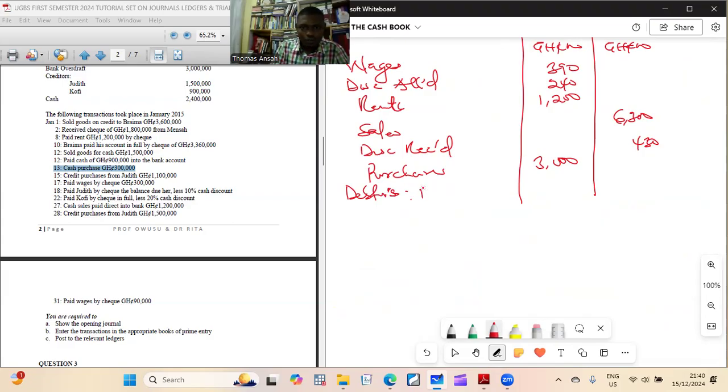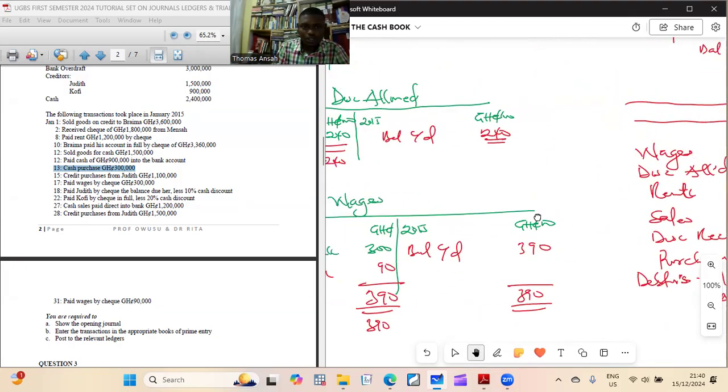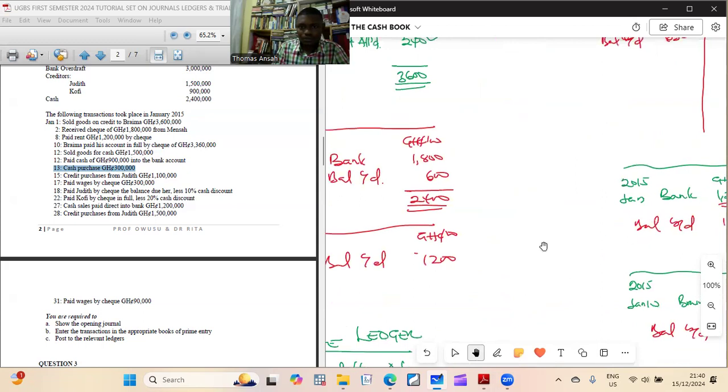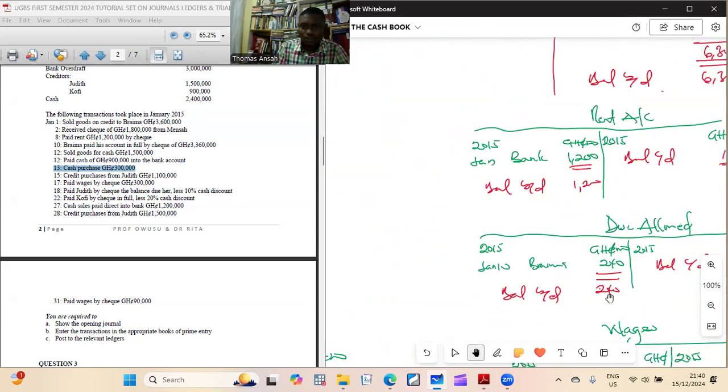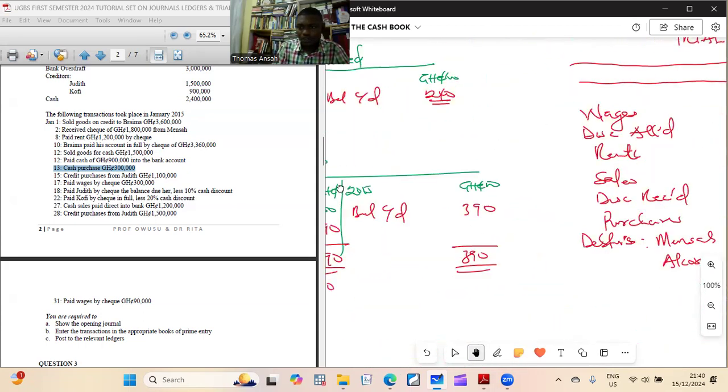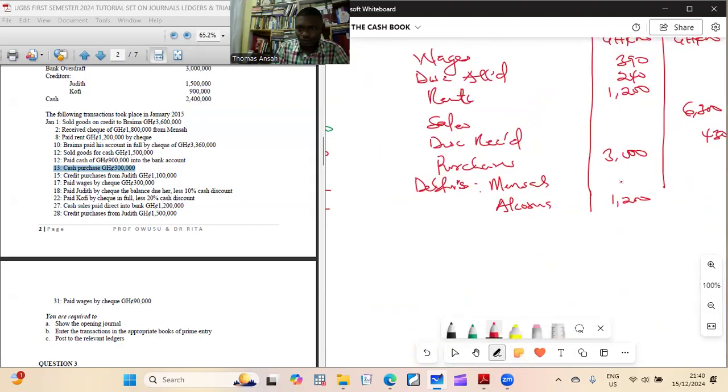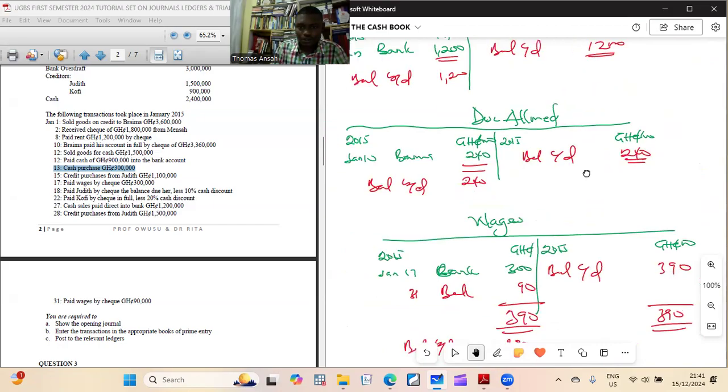We have Mensah and Akosua. Akosua is the one whose 1,002 didn't change, right? But Mensah, the balance was what? Was it 600? Yeah, 600. So we will use 600. Yes, what is left undone?